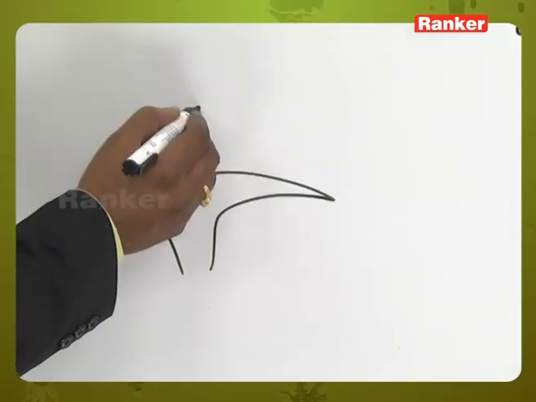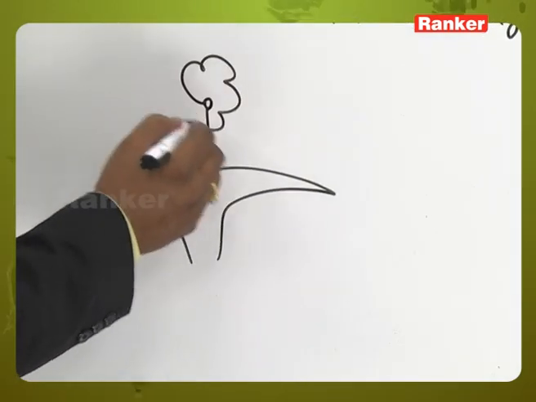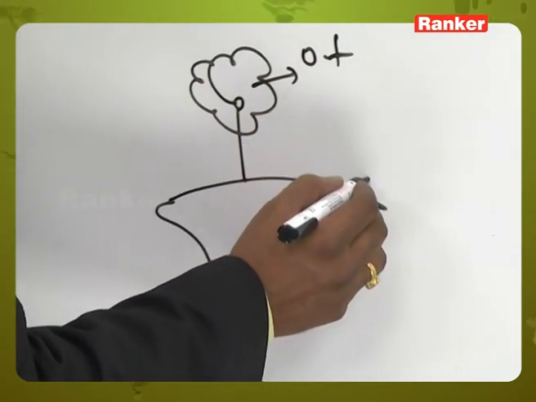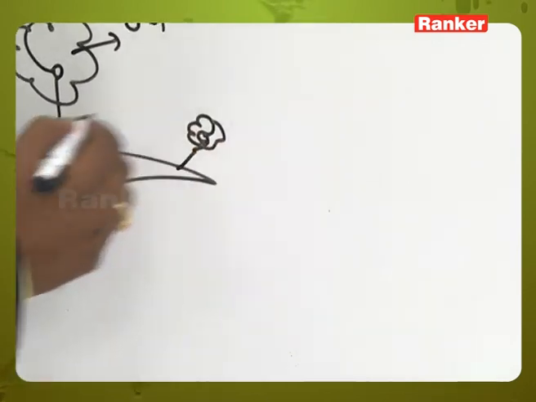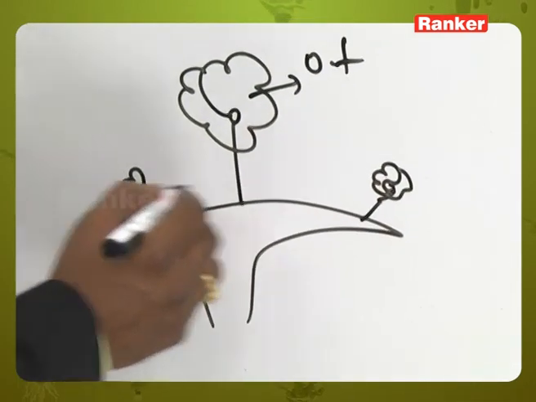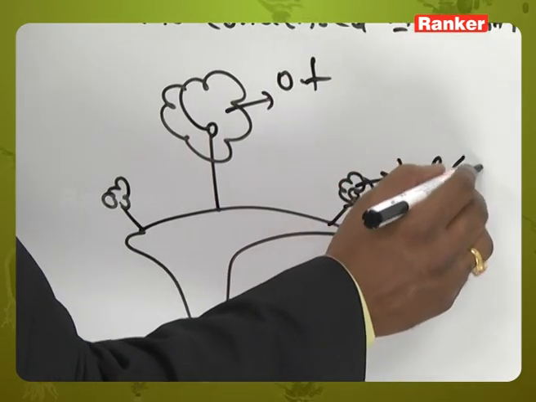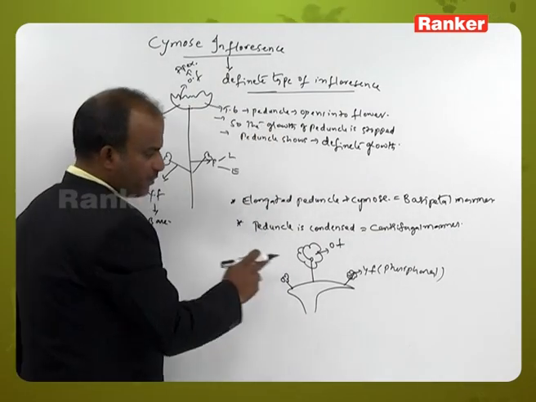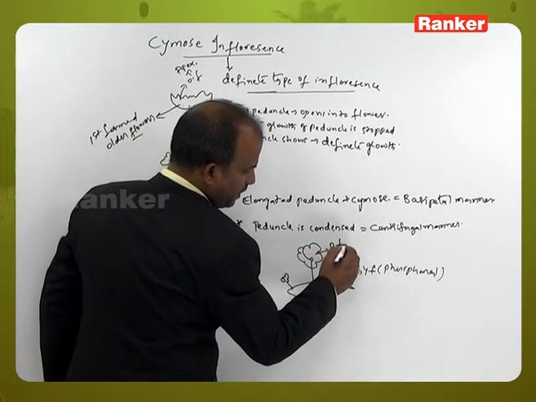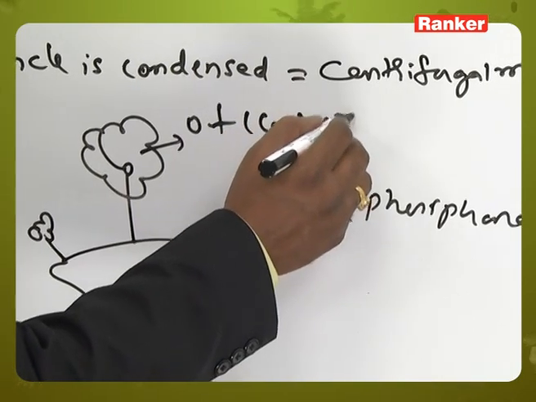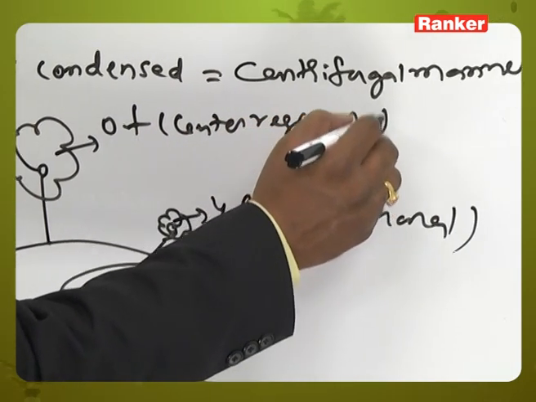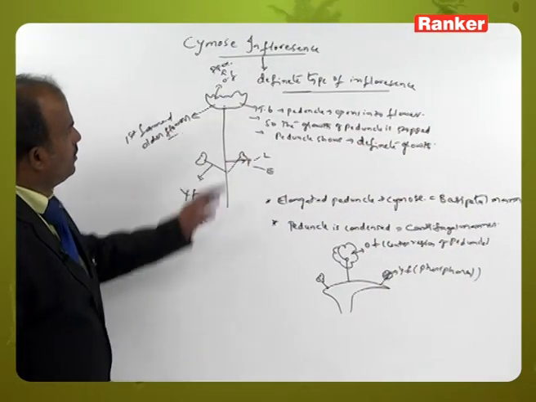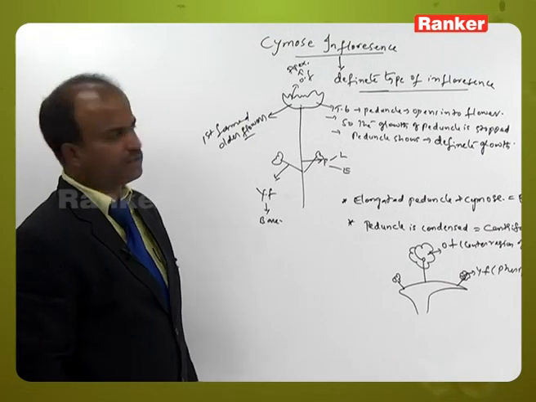The center of the peduncle shows older flowers, whereas the peripheral part of the peduncle shows younger flowers. This is about the cymose inflorescence.